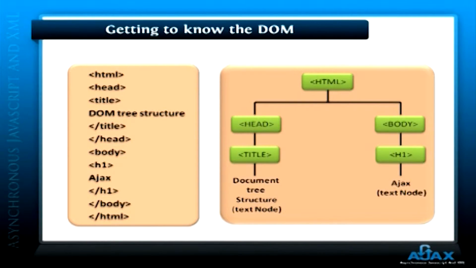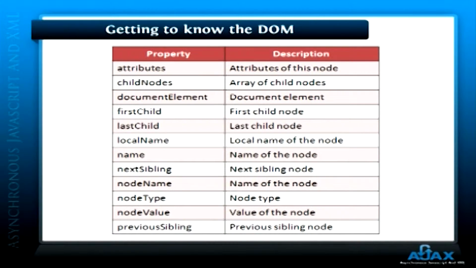As stated earlier, JavaScript supports many built-in properties, which will help us to work with DOM. Let's see what they are. See? These are the different JavaScript properties, and here is their description. We will discuss these properties briefly in our upcoming tutorials, so now let's move to our next topic.